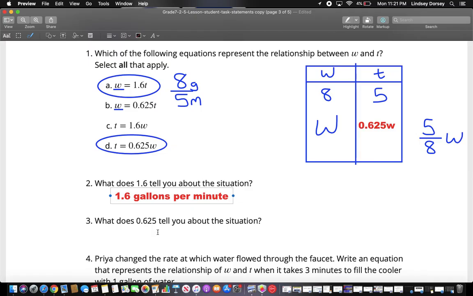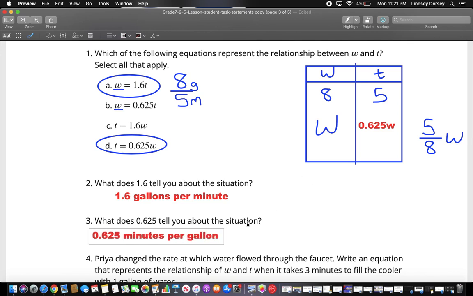So what does 0.625 tell you about the situation? So that tells you 0.625. Remember, we switched here. So it means it takes 0.625 minutes per gallon.